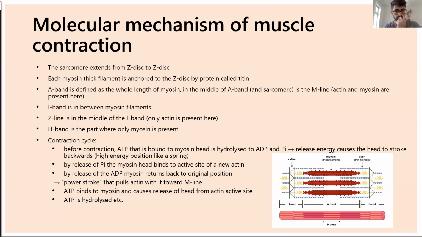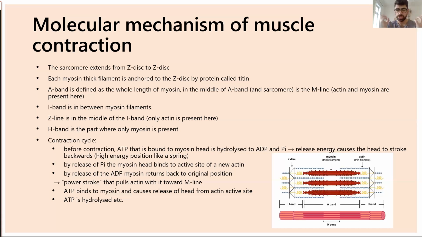So before contraction, it's important to remember that ATP is bound to the myosin head, but then gets hydrolyzed to adenosine diphosphate and inorganic phosphate. The process of this cleavage will release energy, causing the head to stroke backwards.